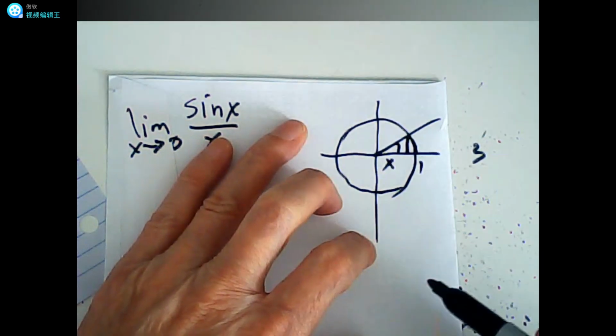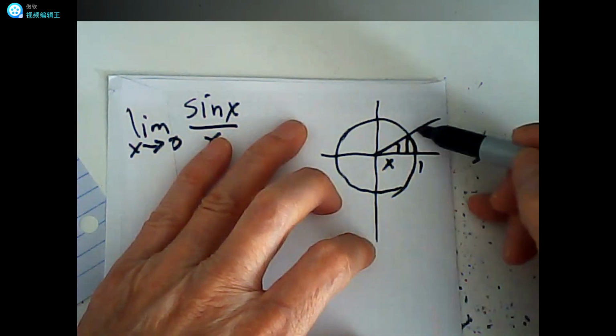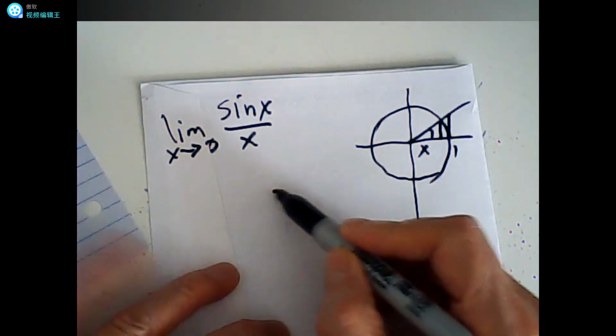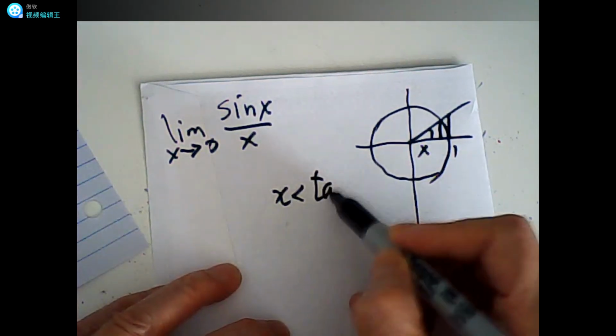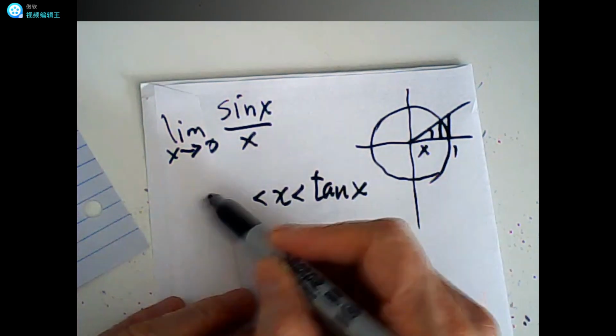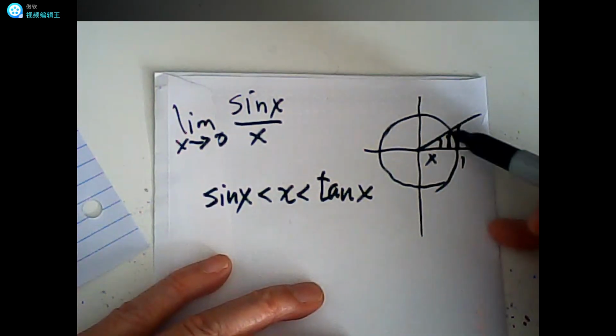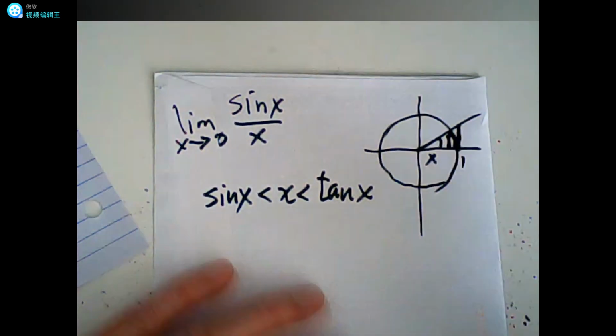And this is sine x, and this is tangent x. So therefore, x is between sine x and tangent x.